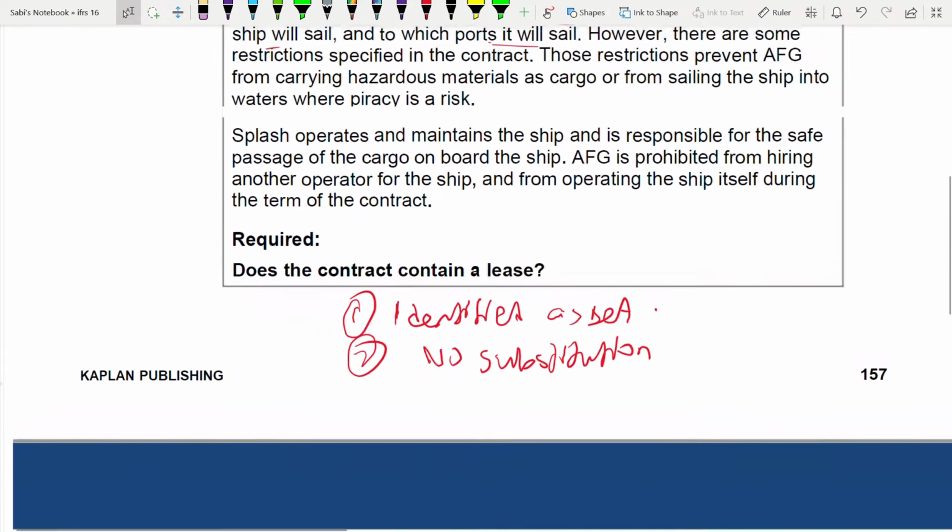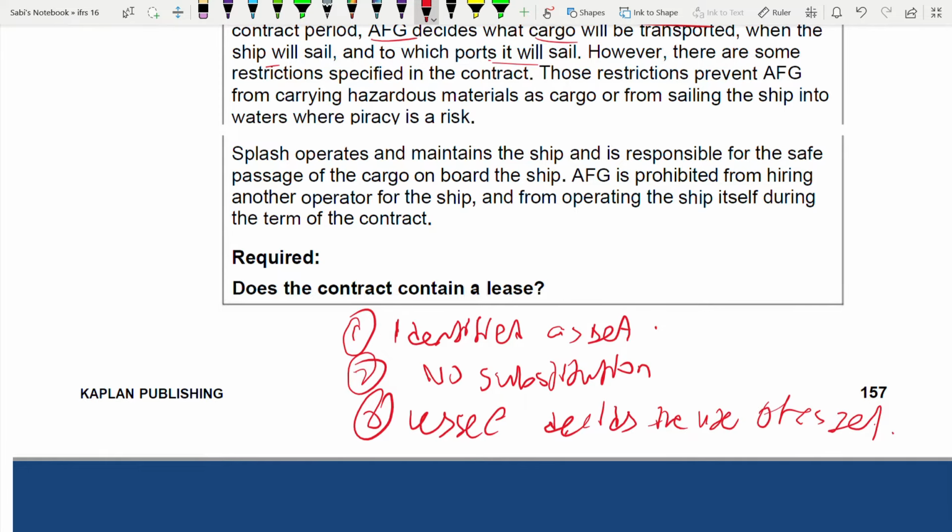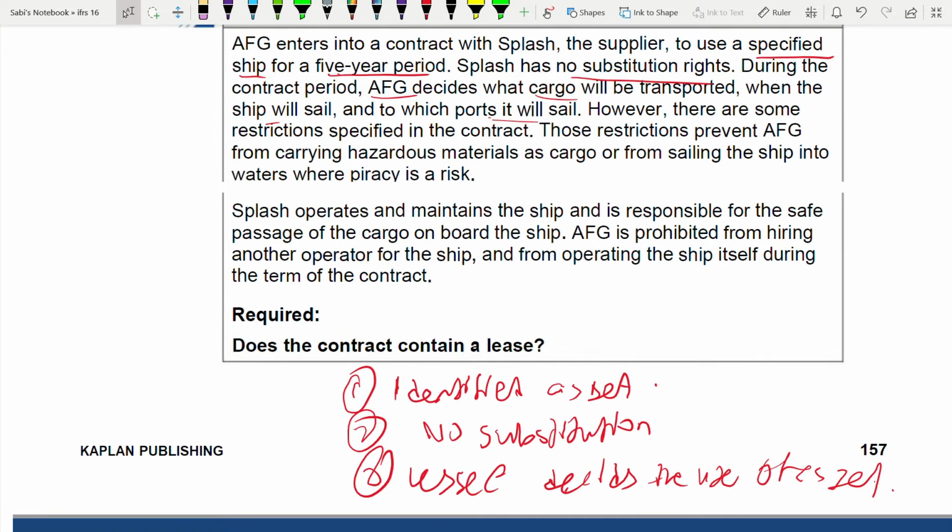So AFG, the lessee, decides or directs the use of the asset. All these decisions lie with the lessee, which is AFG in this case. However, the contract puts some restrictions on the scope. What is it? That they cannot carry any dangerous material in the cargo. That is, the scope is reduced.